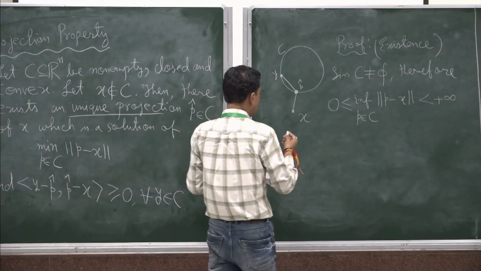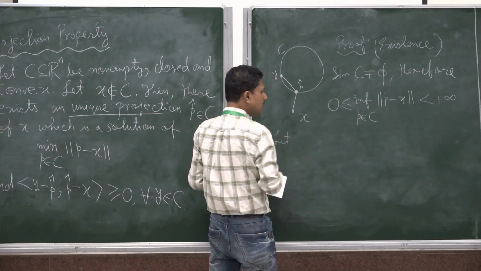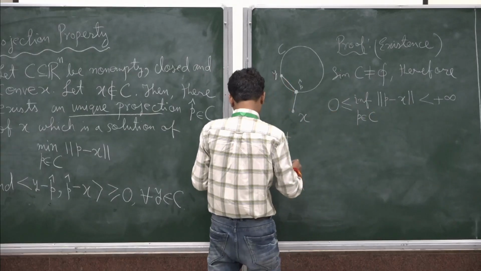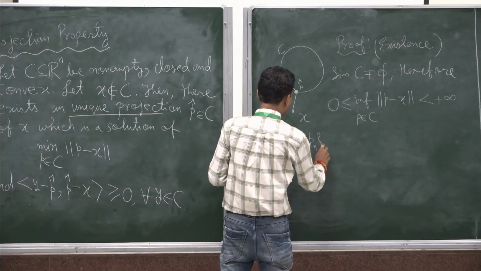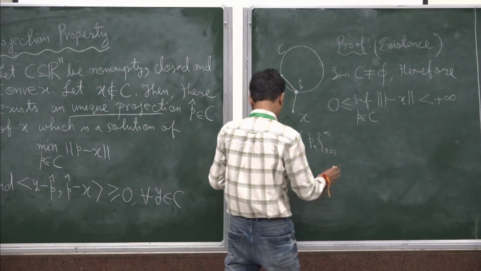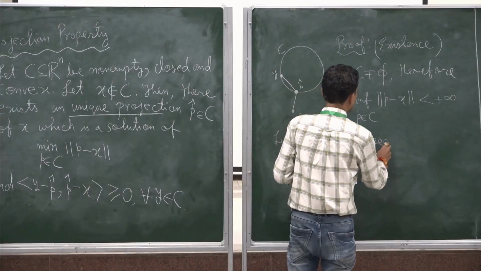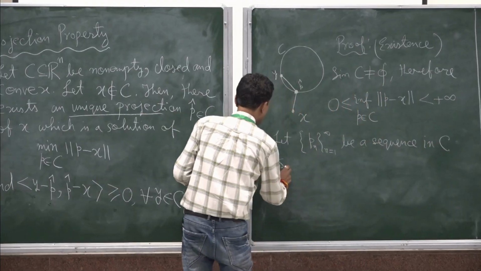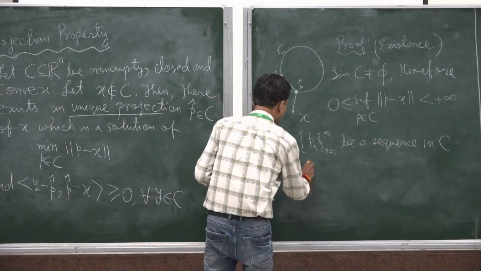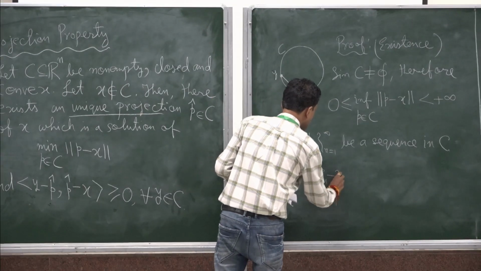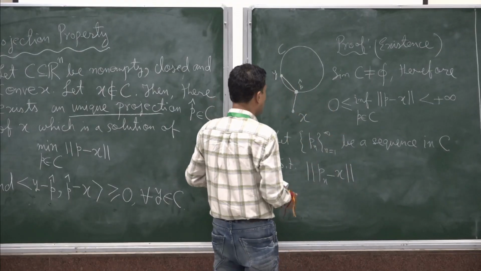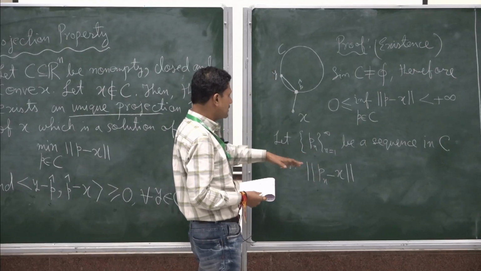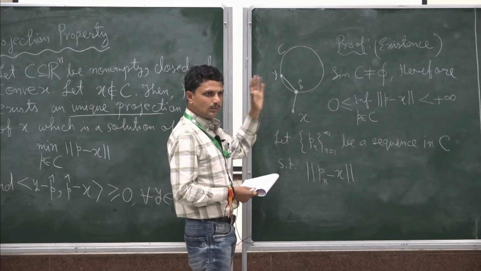Now for the proof, we have to find a sequence which will converge to this infimum. Let us assume that Pn is a sequence in C such that, making another sequence, norm Pn minus X. If Pn is a sequence in C, then Pn minus x will be another sequence, and we can take the norm and that will be another sequence.